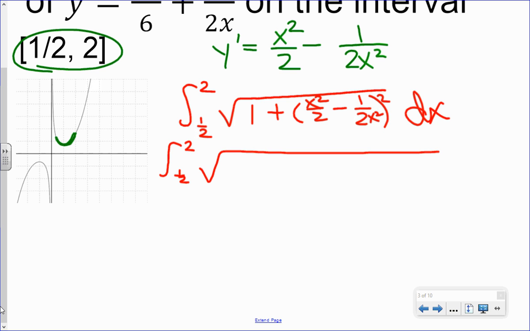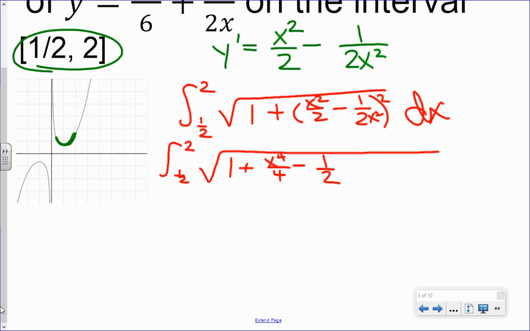So, if we take this binomial squared, what would our first term be? X to the fourth over 4. And then we have a times b twice. What is a times b? Negative 1/4. It happens twice, so negative 1/2. And then what would our last term be?